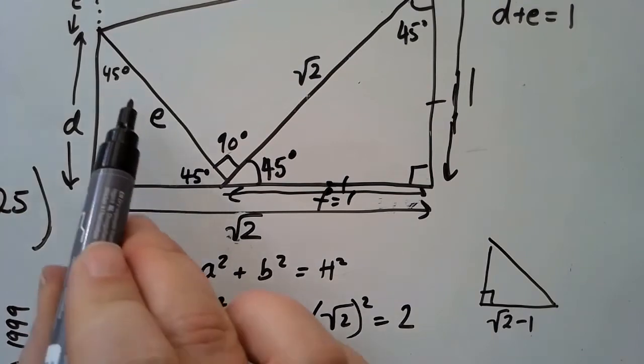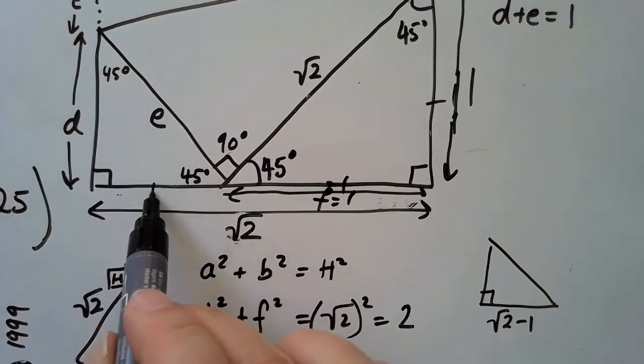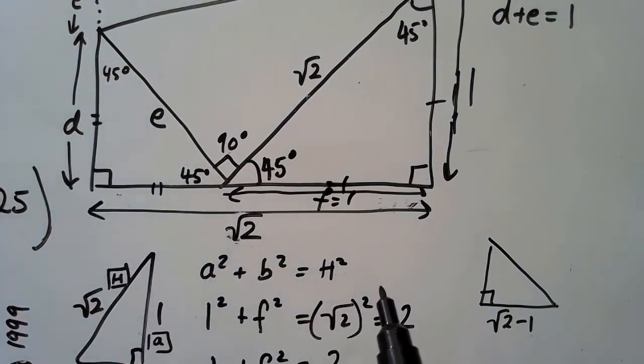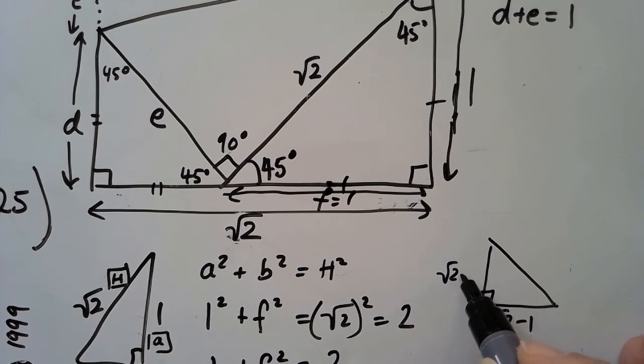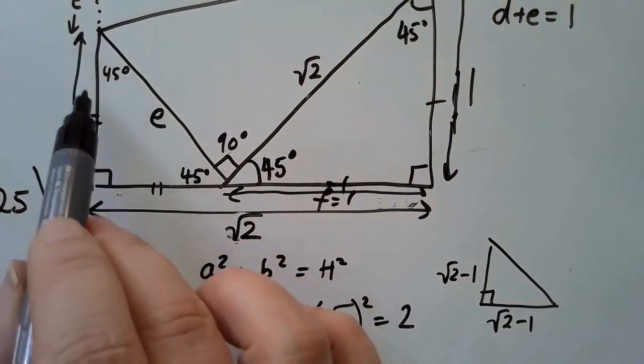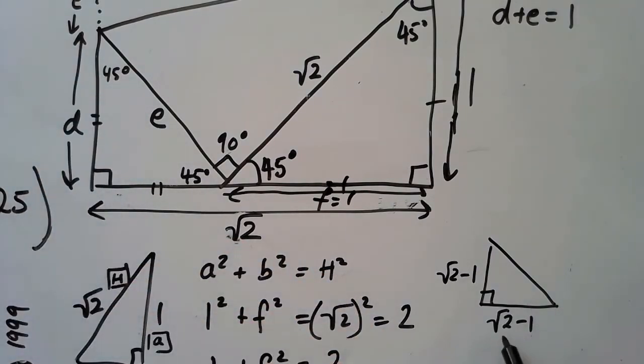And because we know these two are 45 degrees, this length here is going to be the same as this length here. So if this is √2 subtract 1, this is also going to be √2 subtract 1. We want to know what D is, and therefore D will be √2 subtract 1. This is the length of D.